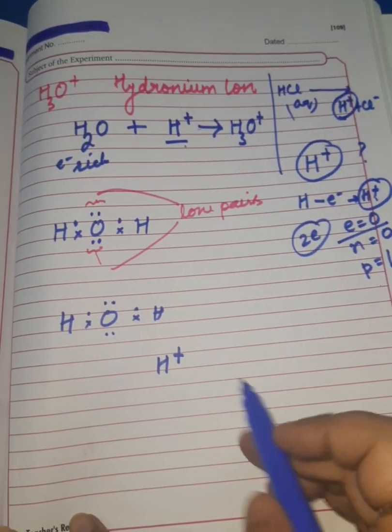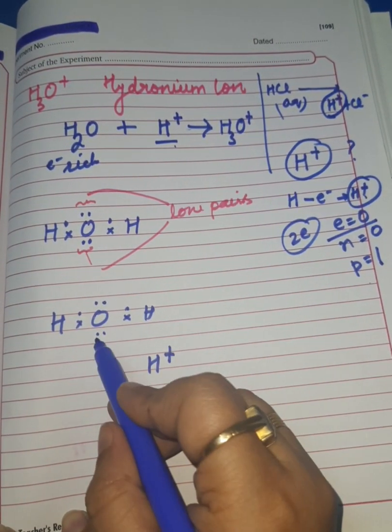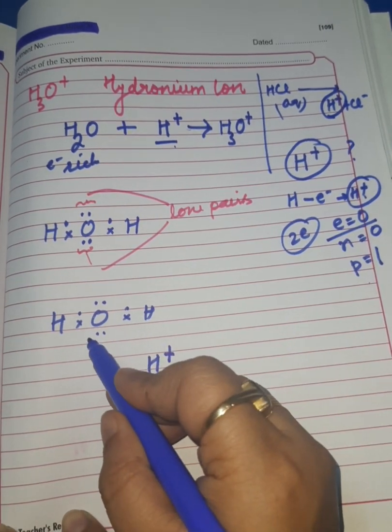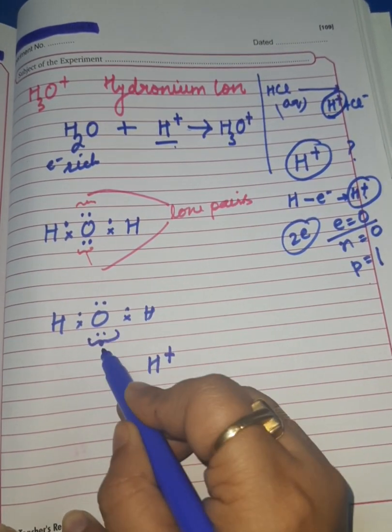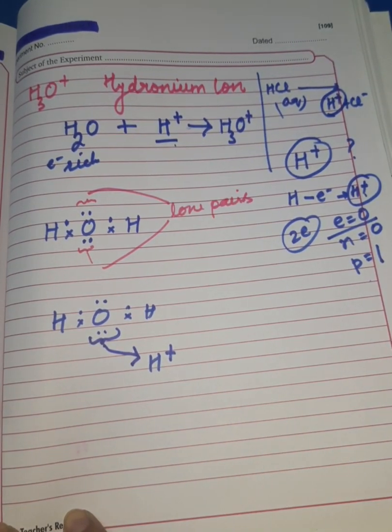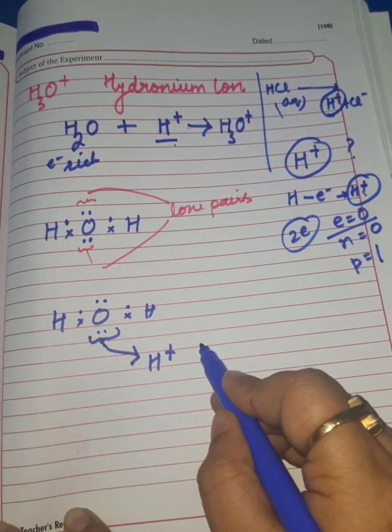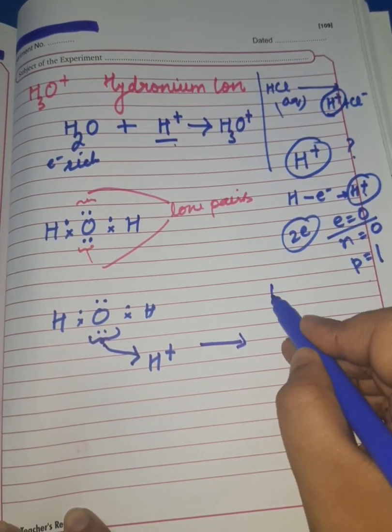So in order to get stability in the form of a duplet, it combines with the water molecule in such a way that water shares its lone pair with the H plus. So when the water molecule shares its lone pair with H plus, it gives rise to H3O plus.